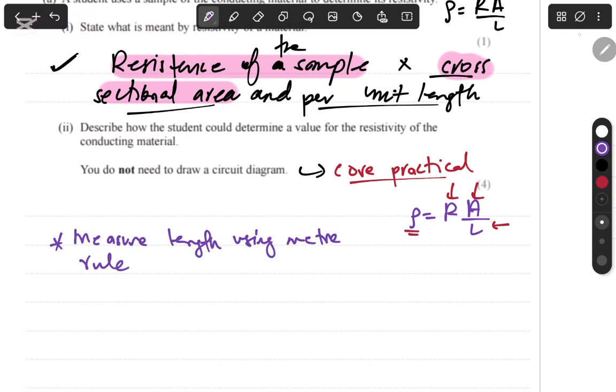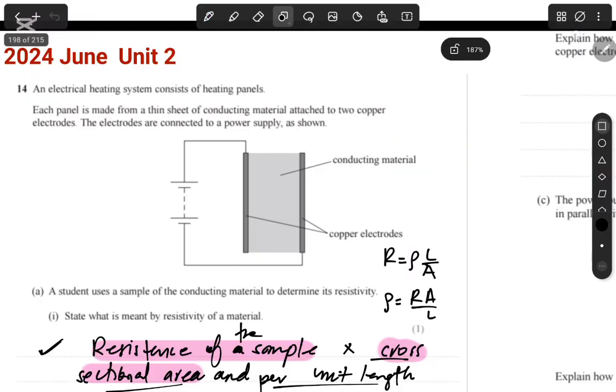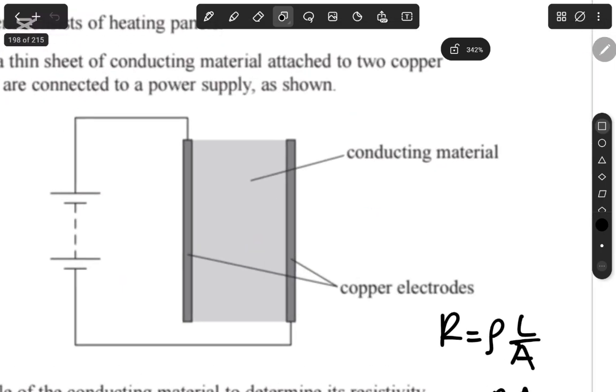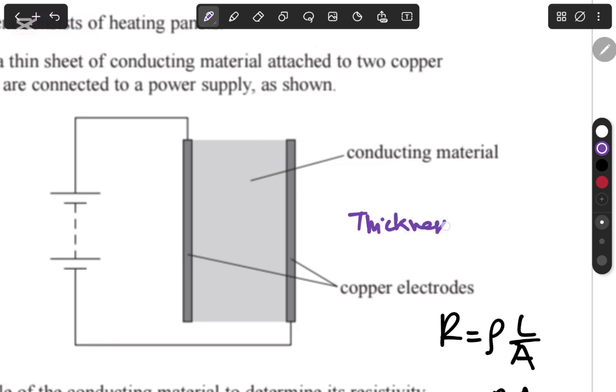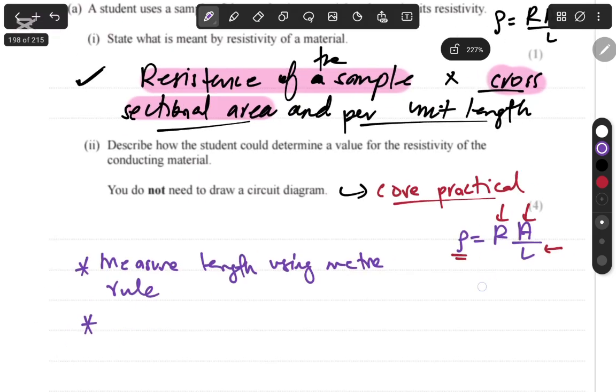So first off, you're going to measure the length using a meter rule. Now to find the area, what we need to do is determine two things. We need to determine the thickness and the width. Okay, so we need to determine these two to get the area.